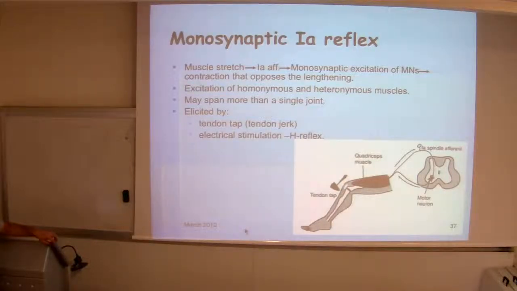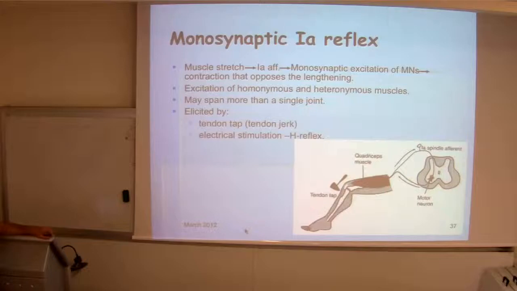And this is a stretch reflex that I guess everybody knows, but the idea is that you tap on the tendon here, it stretches the muscle. Okay, and when this muscle is stretched, we know that the muscle spindles are stretched.